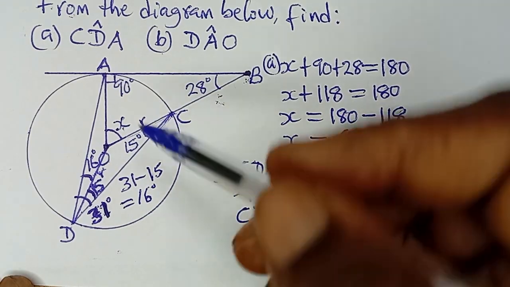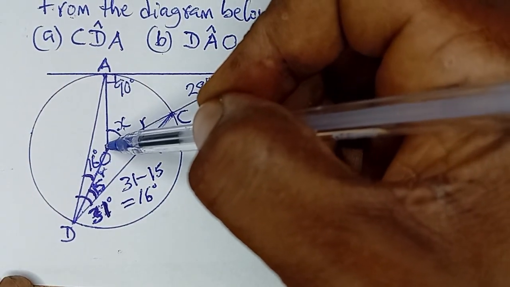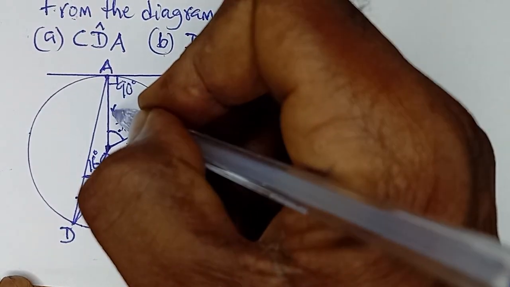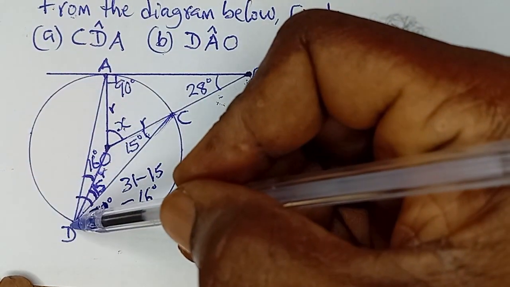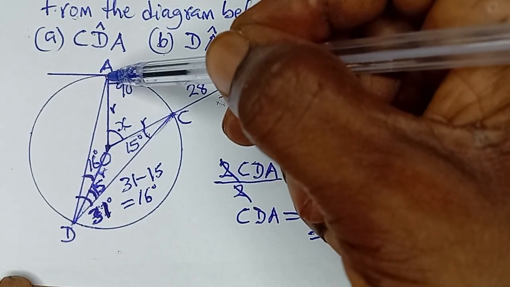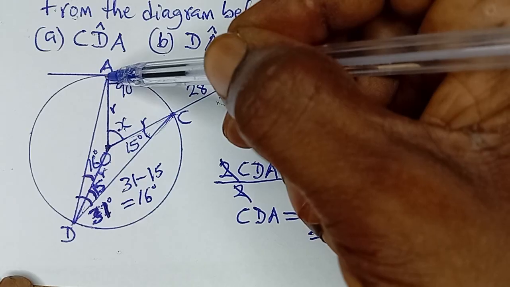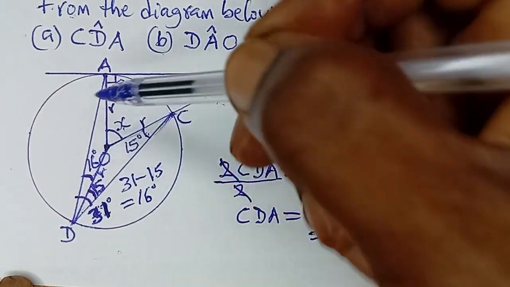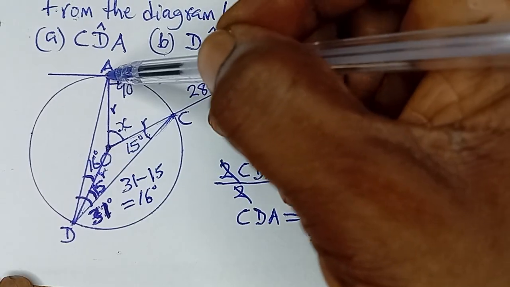Now, if you look at this line from O to the circumference, this line is also a radius R. This is also a radius. Hope you are seeing that now. That is, D to O is a radius, and also O to A is a radius.